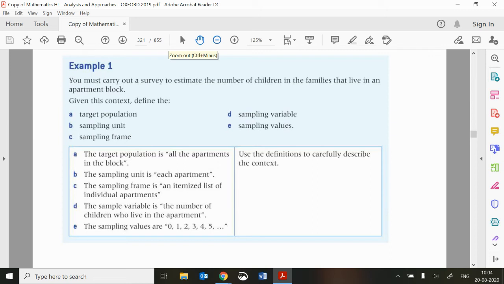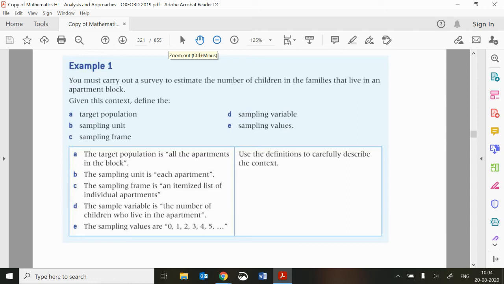So let's just read the thing again. It says you must carry out a survey to estimate the number of children in the families that live in an apartment block. Okay, well, although the target population can be a subset of the entire population, actually here the entire population can be treated as the target population as well.